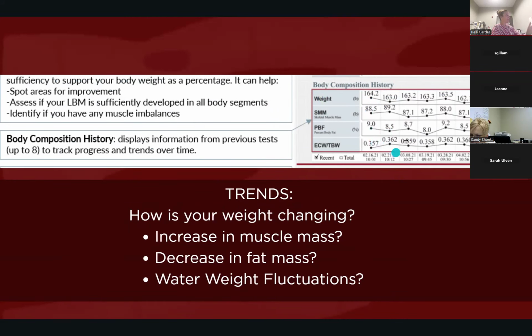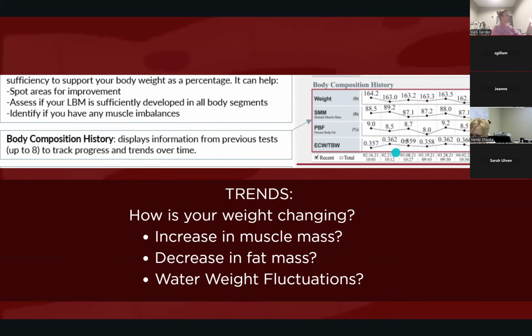If we jump ahead to the third scan, we can see this person has lost about a pound. Most of that was muscle, a slight decrease in fat, but little change in water. So overall, versus something over here, you might see, oh, this person didn't lose any weight, but maybe they gained a lot of muscle and lost fat.